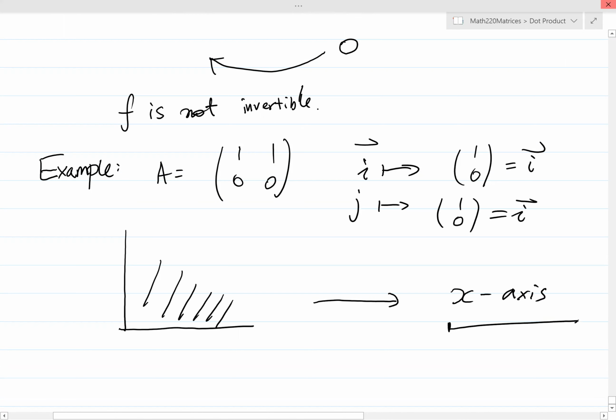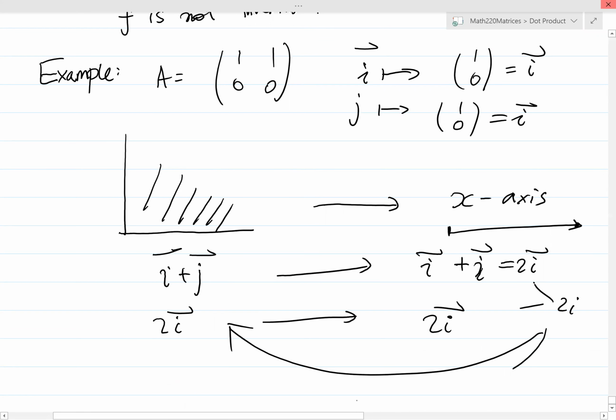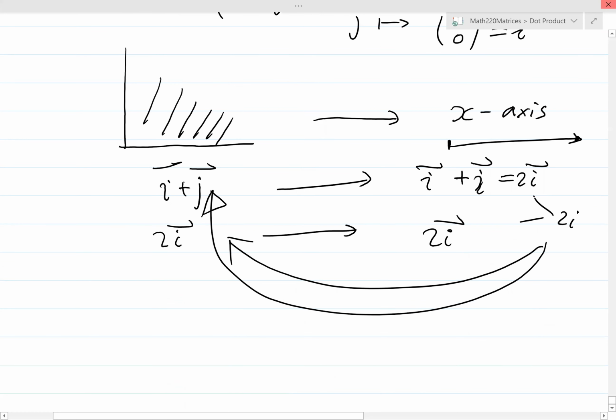In this case, the dimension goes lower by 1. So you see i plus j maps to i plus i, so this goes to 2i. And then 2i also goes to 2i. Now in this case, again, to invert, you cannot define the image of 2i. Actually, when you invert, you have two choices to make. So this inverse is not uniquely determined. So here in this case, this map A is not invertible.